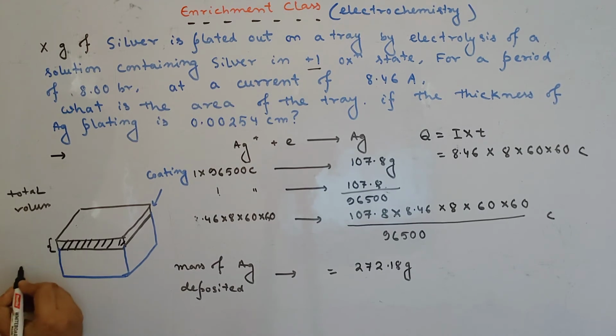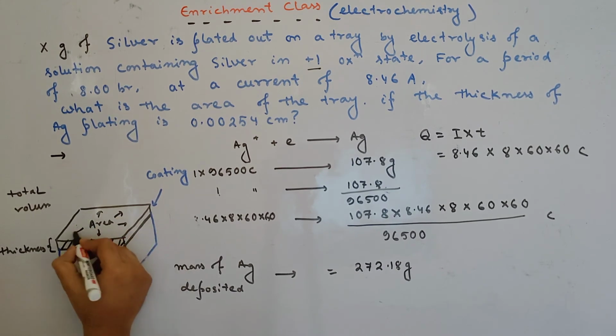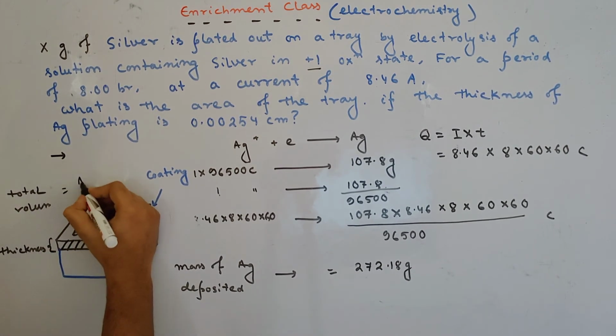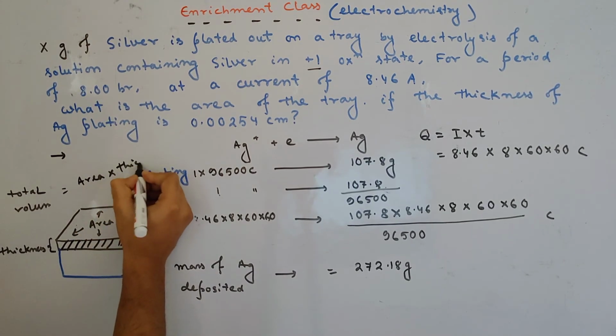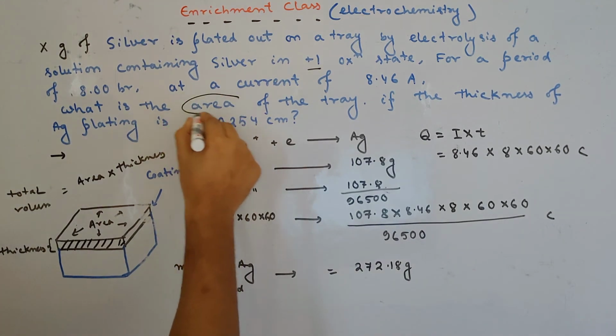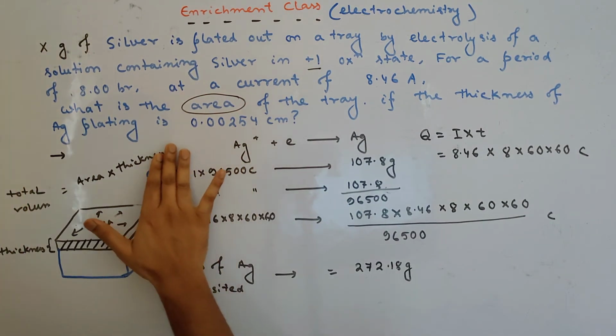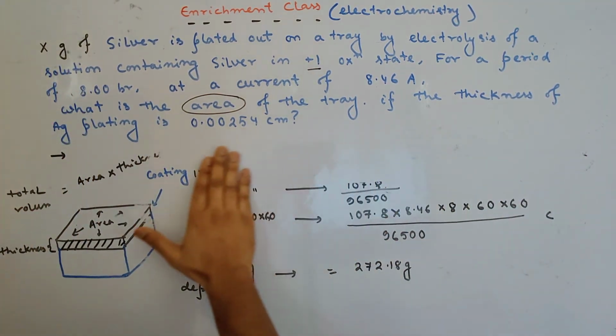That means this is the thickness, and this is the area, this region. So total volume is nothing but area into thickness, right? I hope you have understood what I am trying to say. The thickness of plating is given. What is the area?